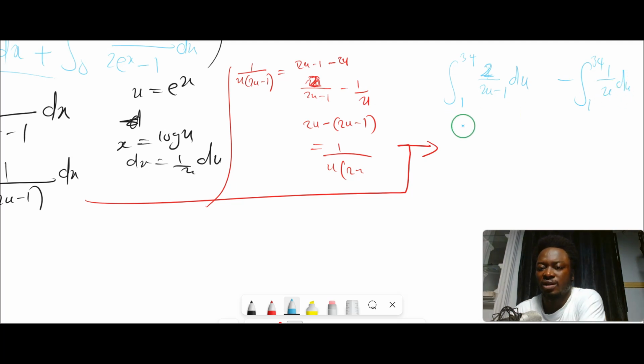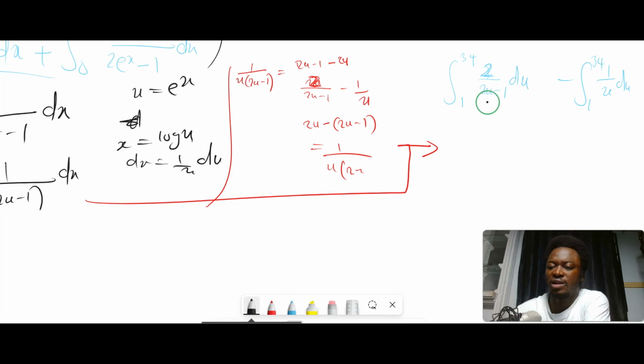For the first one, if you want to evaluate it, if you take t to be 2u minus 1, then dt would be 2 du.